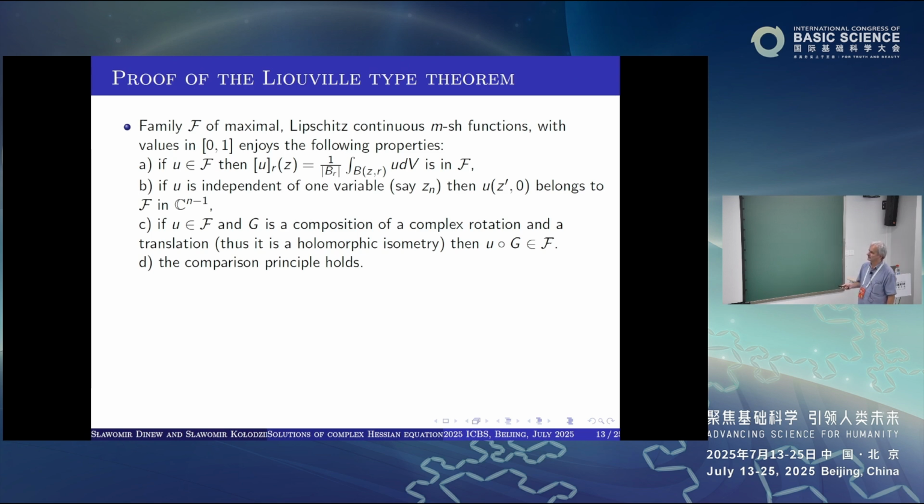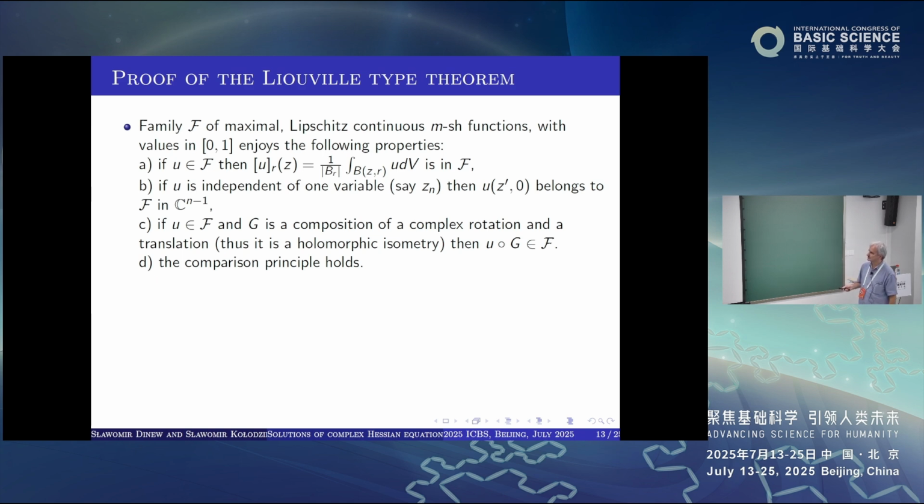So then you take the regularization by taking mean values over balls of radius r and center z. Here, this is not quite true. This is not in F, but in F when you remove this maximality, it is not maximal. So I should write except for this property.